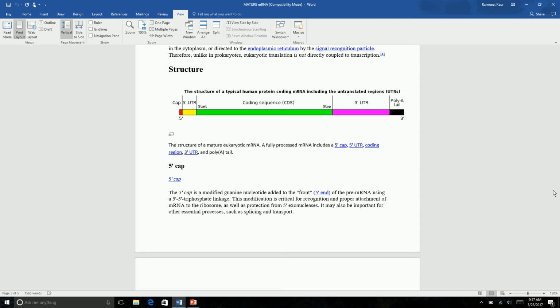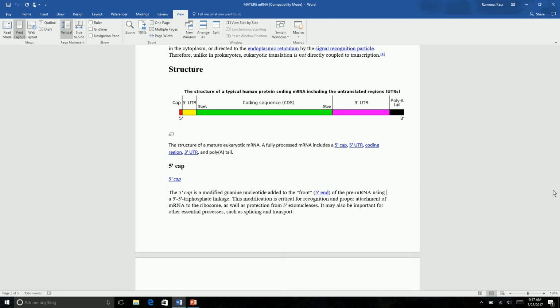But the introns, which are the junk DNA, are also coded. Before this mRNA can go into the ribosome and make a protein, these introns need to be removed. Why do they need to be removed? Because this is all junk. They don't code for the proteins.